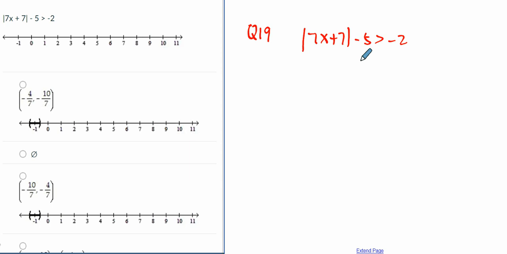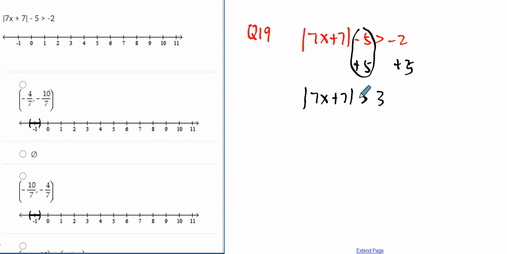You add 5. Then this one will be cancelled. So you have the absolute value of 7x plus 7 greater than negative 2 plus 5. Oh, no, here it is 5. So what you have to do is 5 minus 2, you have 3.